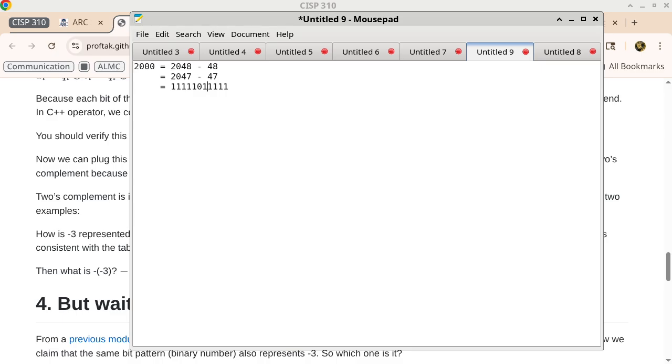Yeah, because 47 minus 32 is 15. And what is special about 15? It is 2 to the power of 4 minus 1. So that means these ones, which add up to exactly 15, should all be zeros. There we go. Now we have the binary representation of 2000.